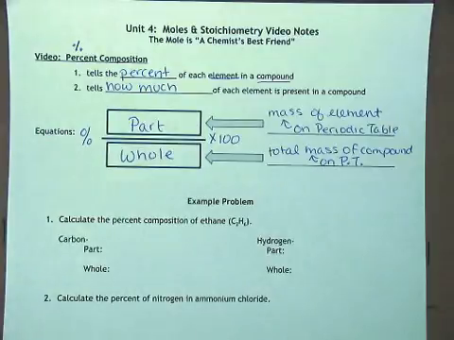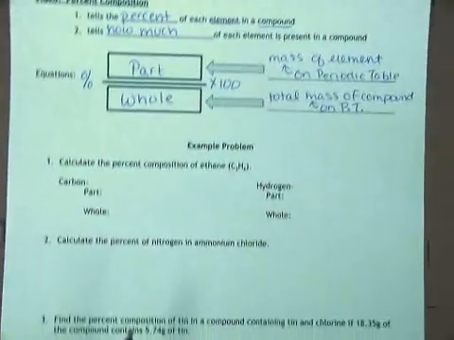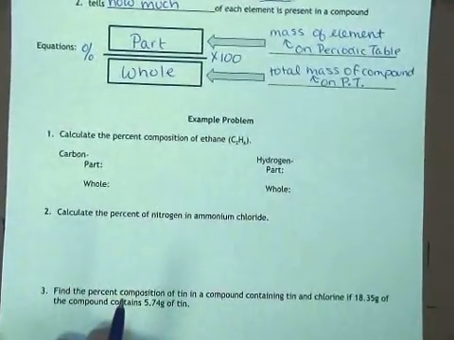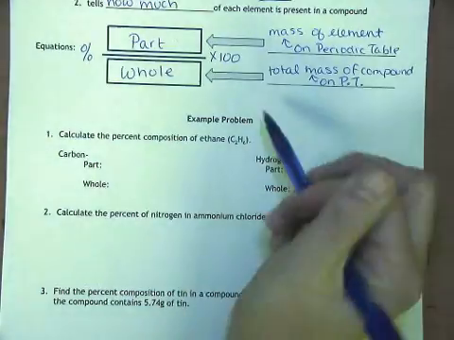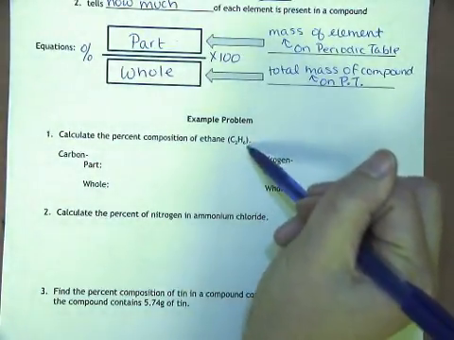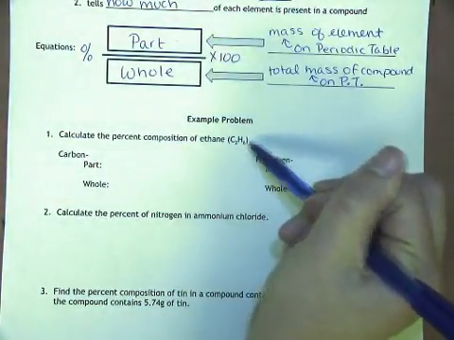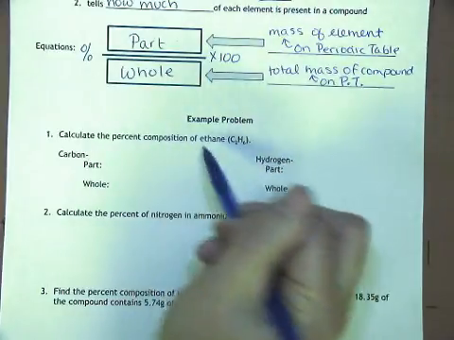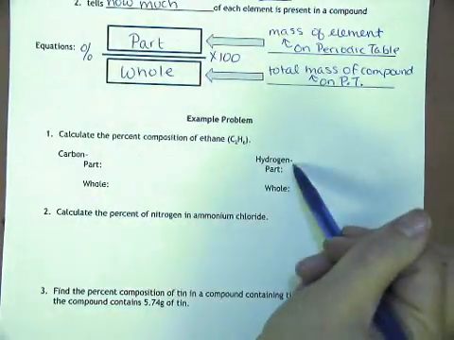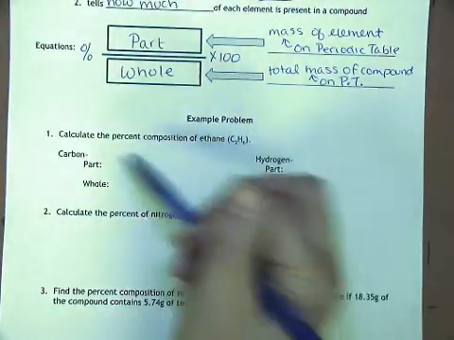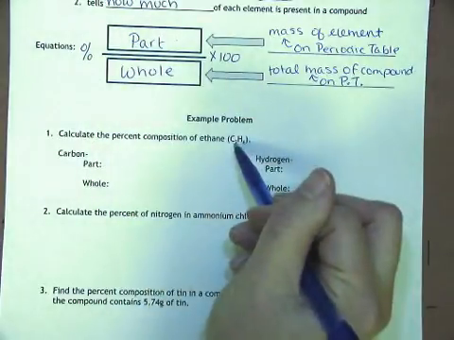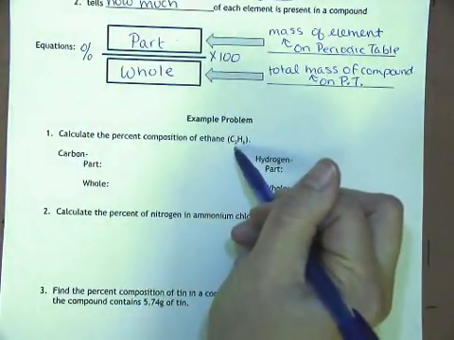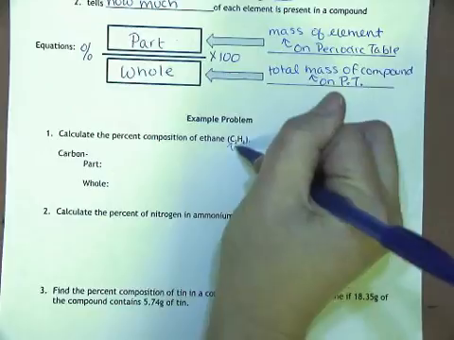So for my first example question, if I want to calculate the percent composition of ethane, well, ethane is C2H6 or dicarbon hexahydride. For the percent composition, I care about both of my components, the carbon and the hydrogen. So for my carbon, my part is my carbon atoms, and I have 2 carbon atoms.